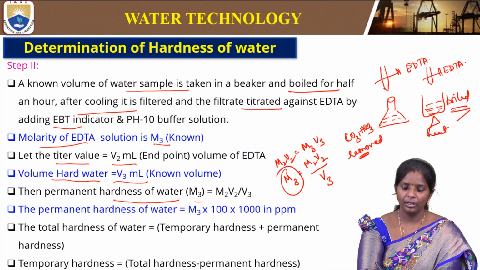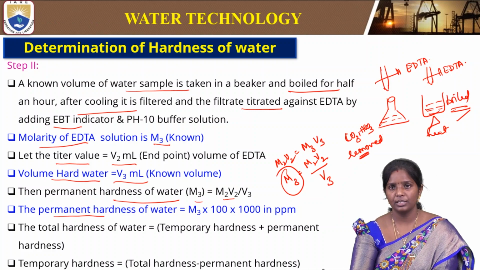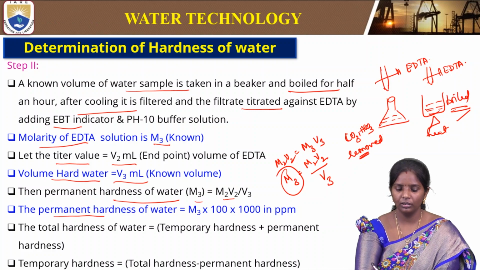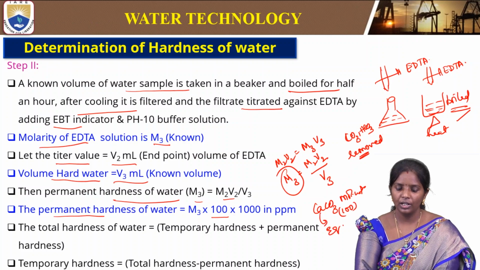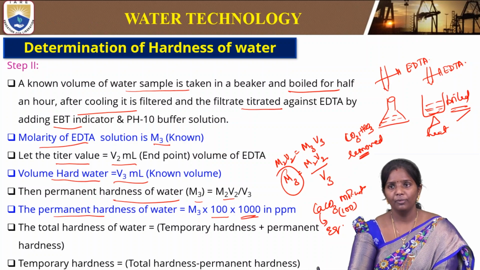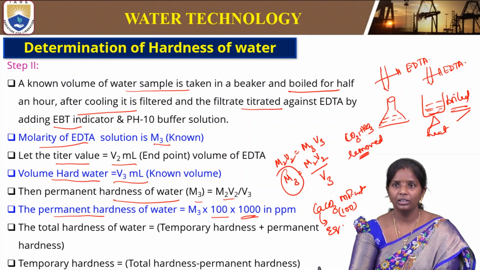Permanent hardness is expressed in ppm by multiplying with 100, the molecular weight of calcium carbonate, to get the calcium carbonate equivalence. For reporting in ppm, we multiply with 1000.